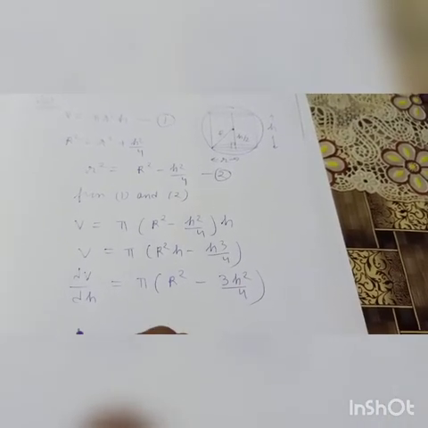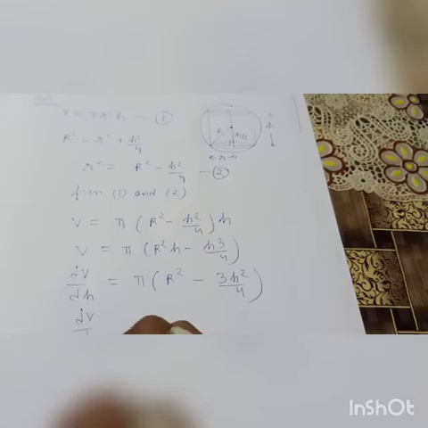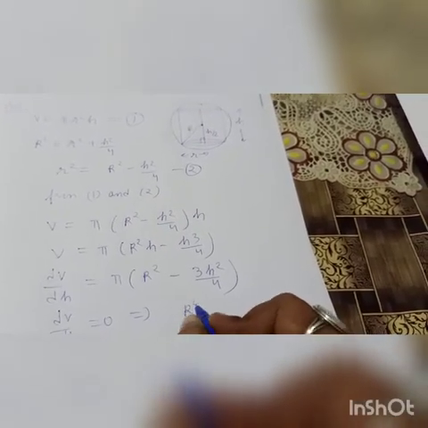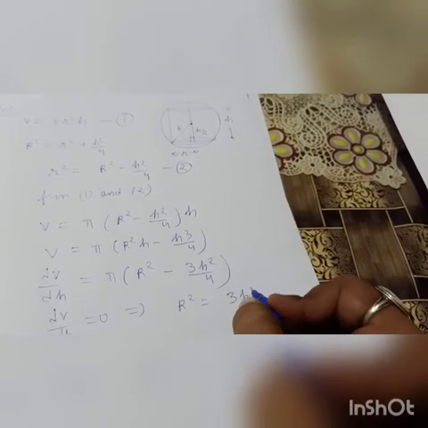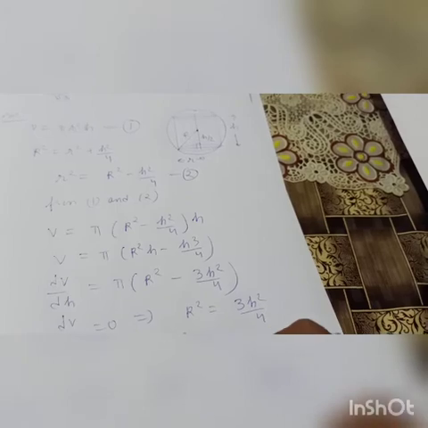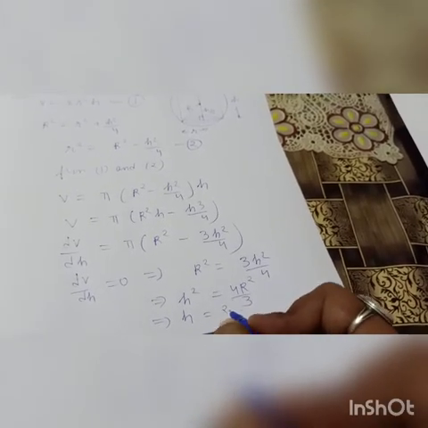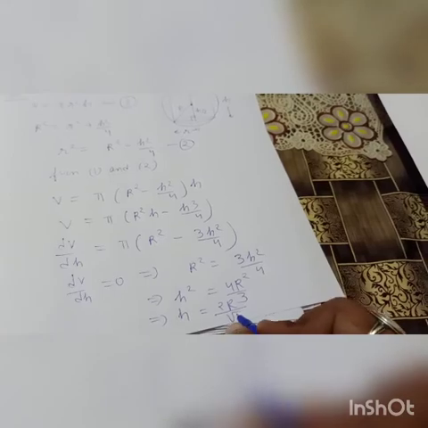Next step is to put dv by dh equal to 0. This implies R square equal to 3h square by 4, that is h square equal to 4R square by 3. This implies h equals 2R by root 3.